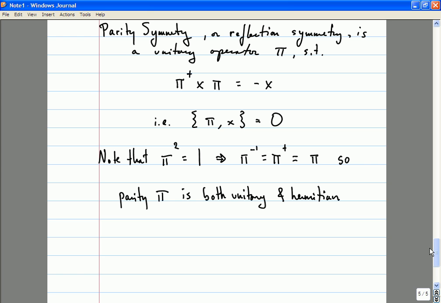How does parity act on the Hilbert space of a theory? Well, parity anti-commutes with x, so that when you commute it through x, you don't get pi x equals x pi, but rather pi x equals minus x pi.